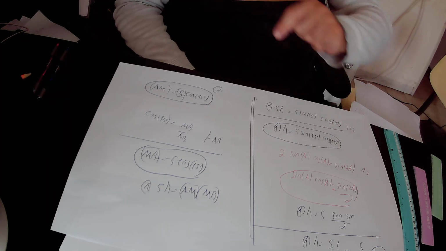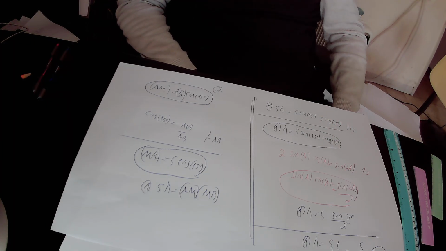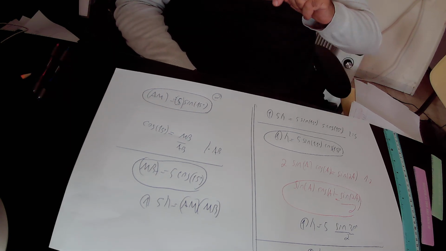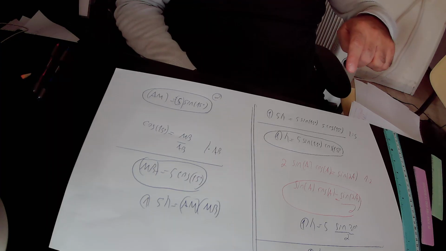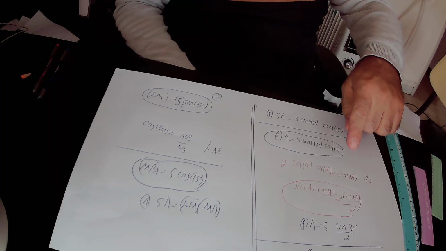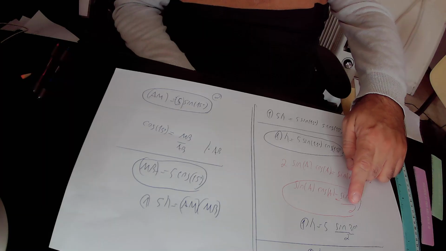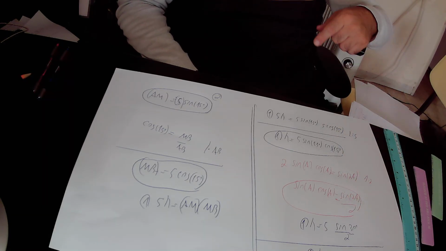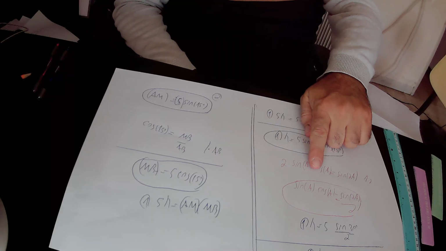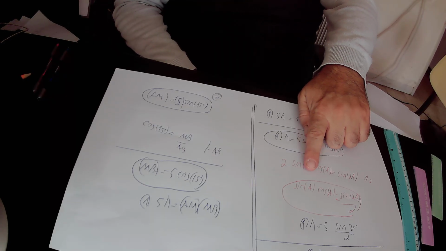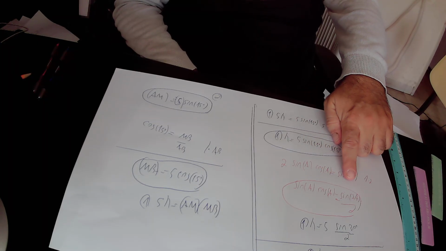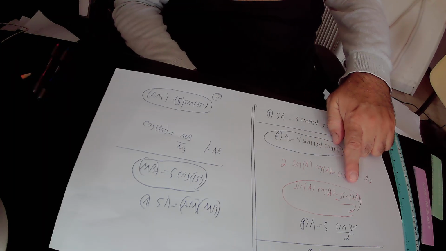According to this identity, sine 15 degrees times cosine 15 degrees equals sine of 2 times 15 degrees, that is sine 30 degrees, divided by 2.